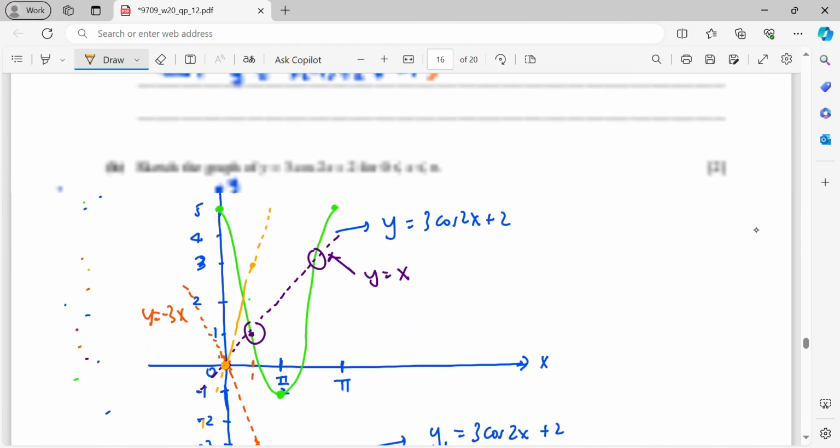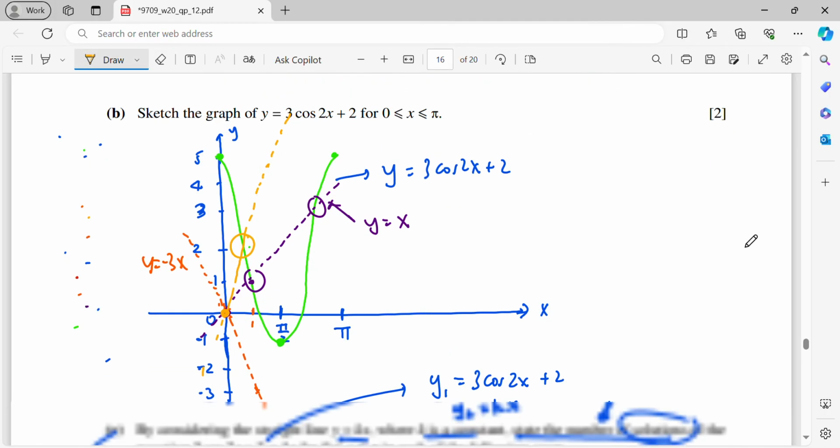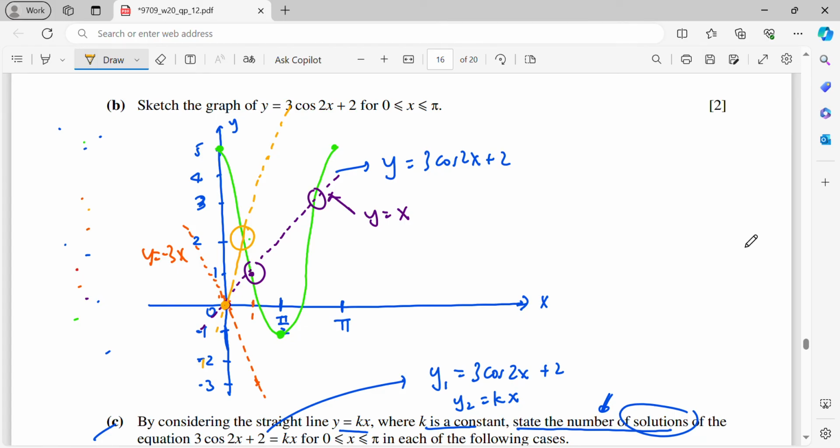Alright, so you are getting this line. Therefore, we only get one intersection point. In other words, there will be just one solution. So this is your y equals 3x.